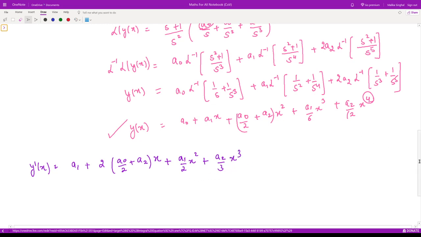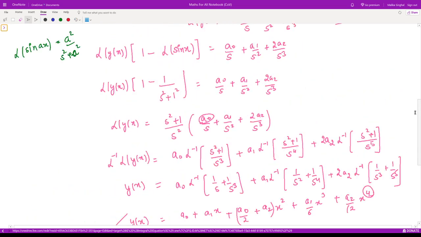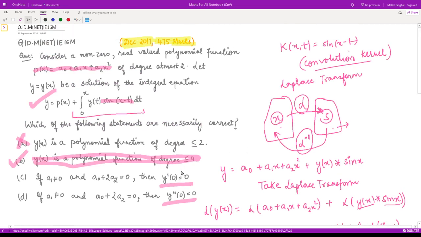So now they are saying what would be y dash of 0? Y dash of 0 would be simply equal to a1, and let's see our conditions. In option C, they are saying this term is equal to 0 when a1 is non-zero. But we are getting y dash of 0 is equal to a1, right? So this is 0 only when a1 is 0. So this condition is not true, right?